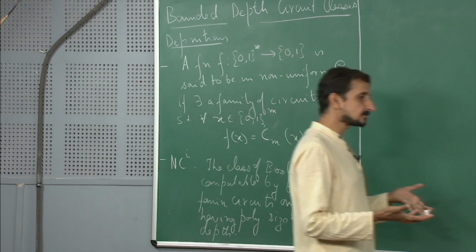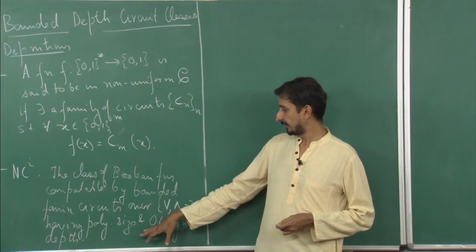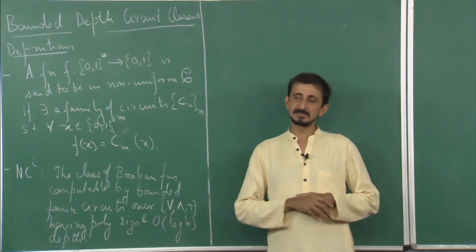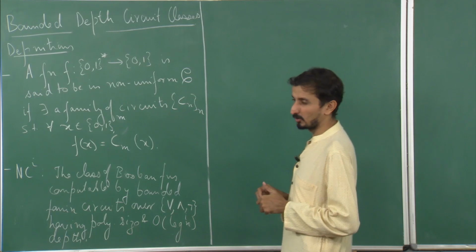So NC^i is all circuits which have bounded fan-in, polynomial size and log to the power i depth, over AND, OR and NOT gates.